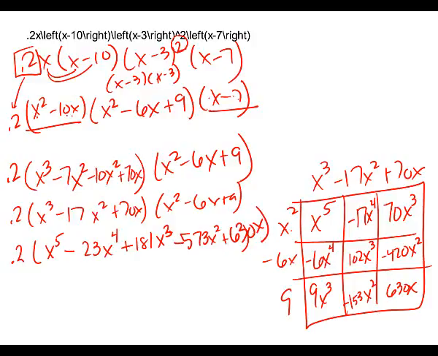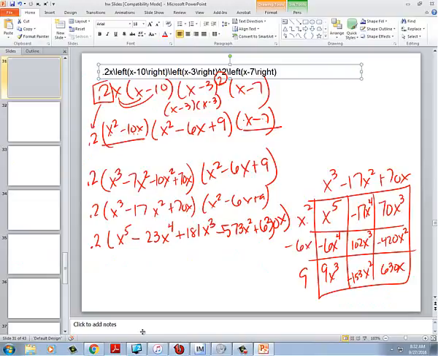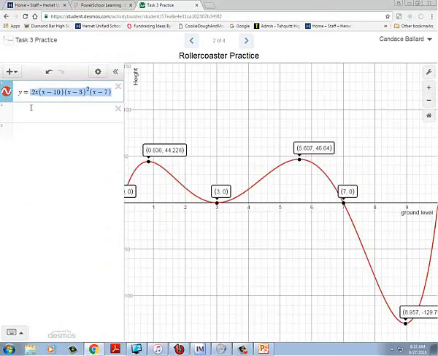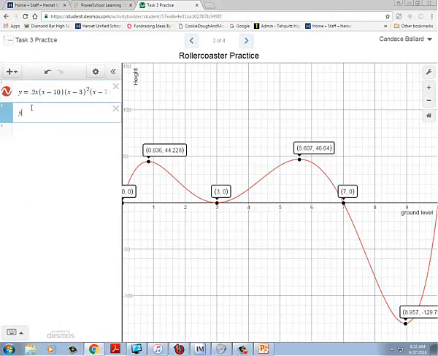All right. What we're going to do now is take that and type it into the second line in Desmos. I'm going to need your help remembering those numbers because I'm not going to remember them. I'll do it with you. So you're going to do your y, that's what's going to go in y2. So y equals, we know it's 0.2, parentheses, x to the 5th.